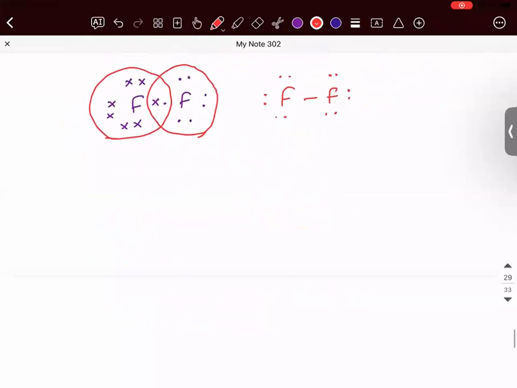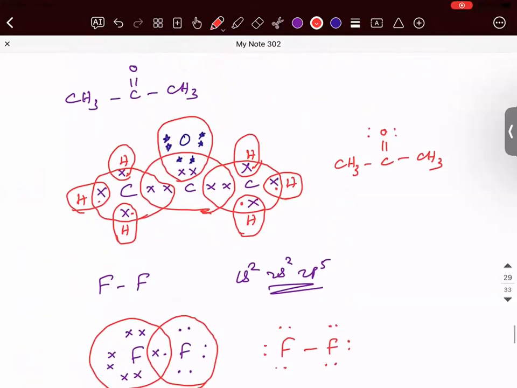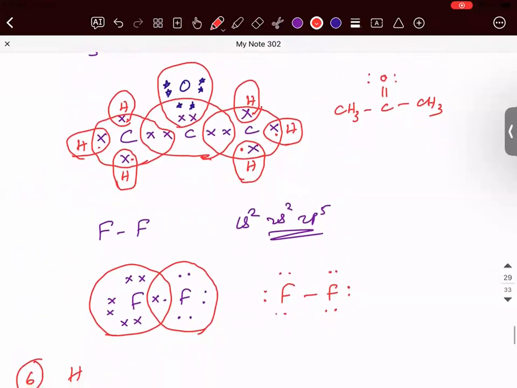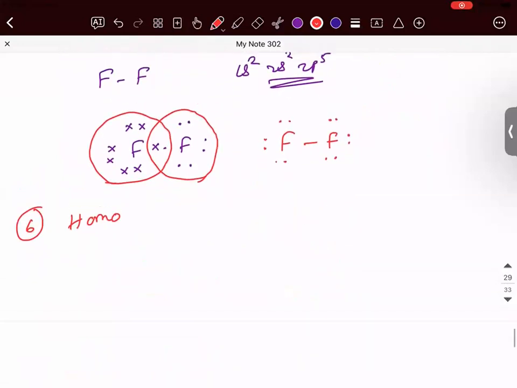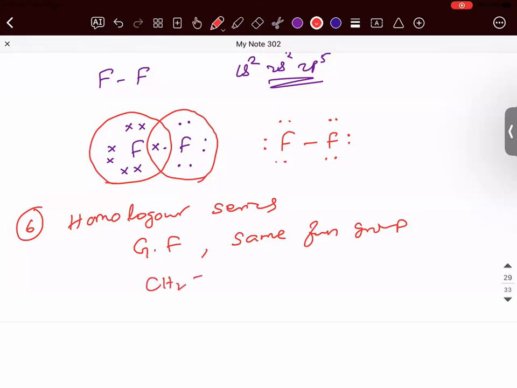So a homologous series will contain a general formula and the same functional group. So it will differ only by the CH2. It can be prepared by similar methods of preparation. They are called homologous series.